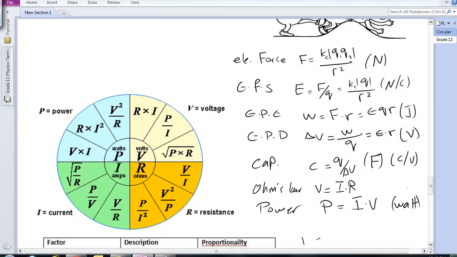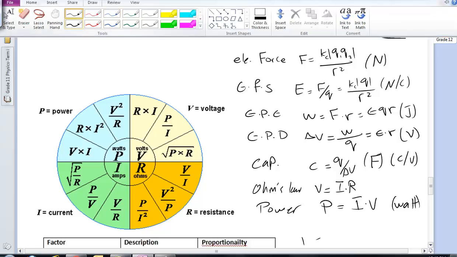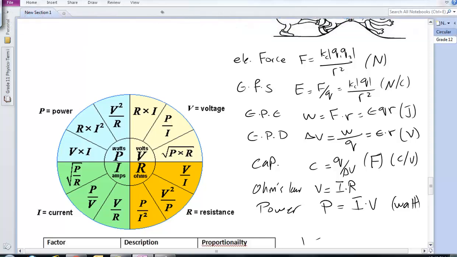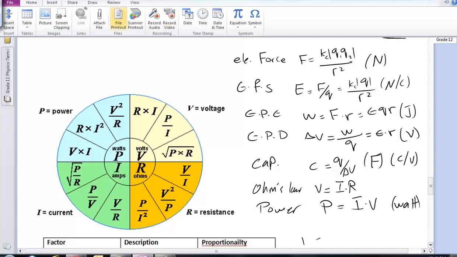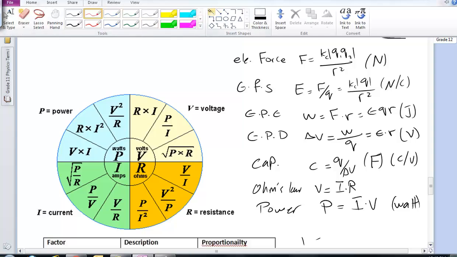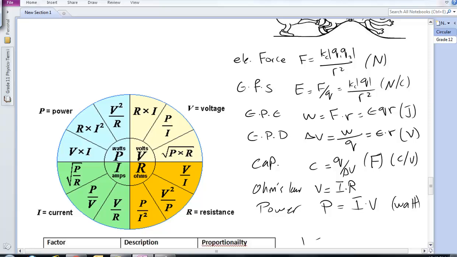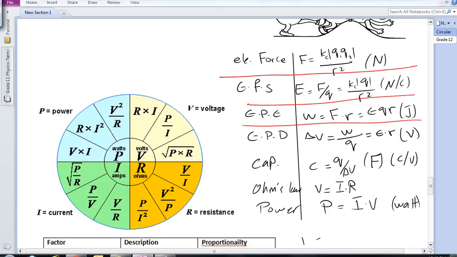These are all of the formulas that you need to know. Let's draw a line here, and here, here, here, and here.